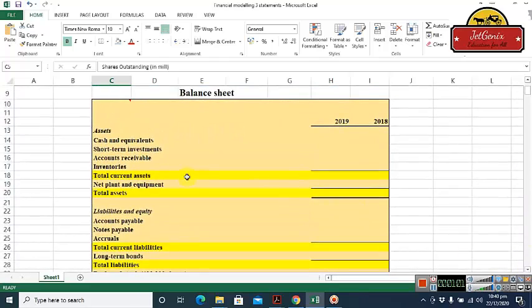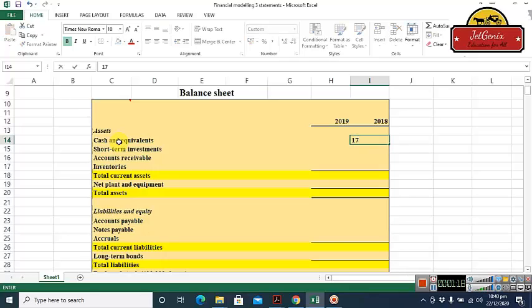Okay, so how are we going to construct a balance sheet for this company? Let me type the 2018 data here first, and let's assume the 2018 cash and cash equivalents is 17 million. So I will just type 17 here.